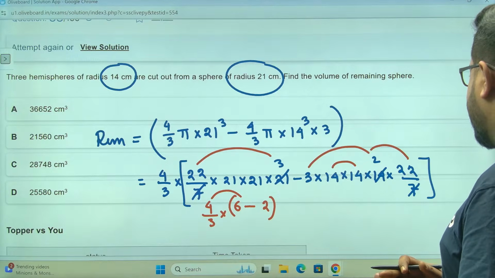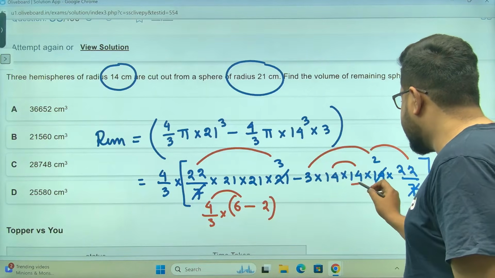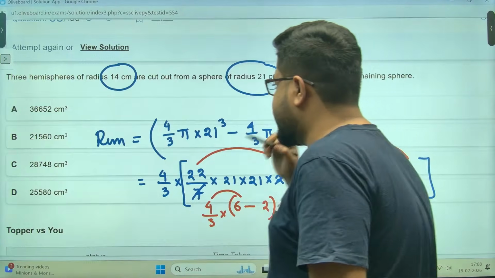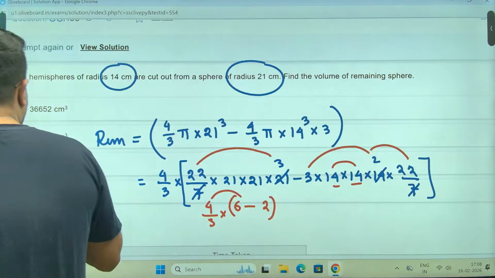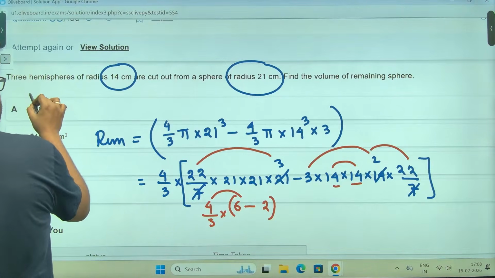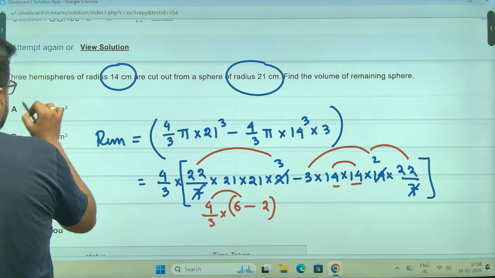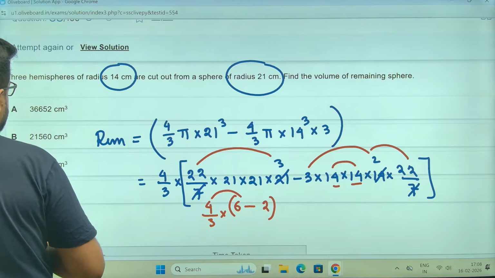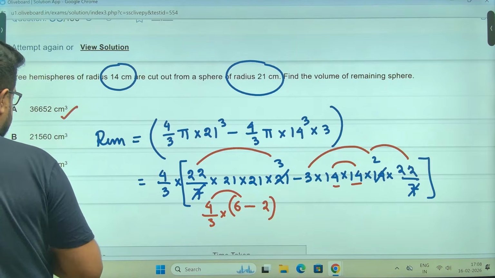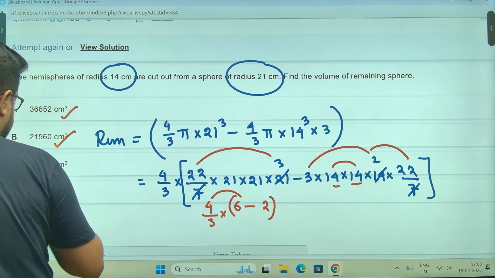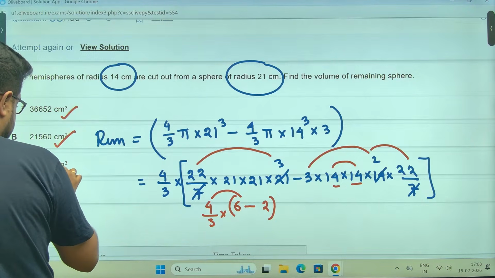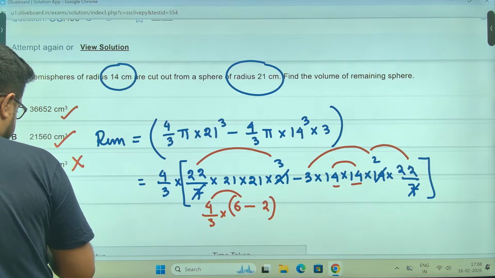Acha, let's check for another multiple, of 7, because 14 is a multiple and 21 is a multiple. This is a 7 multiple.